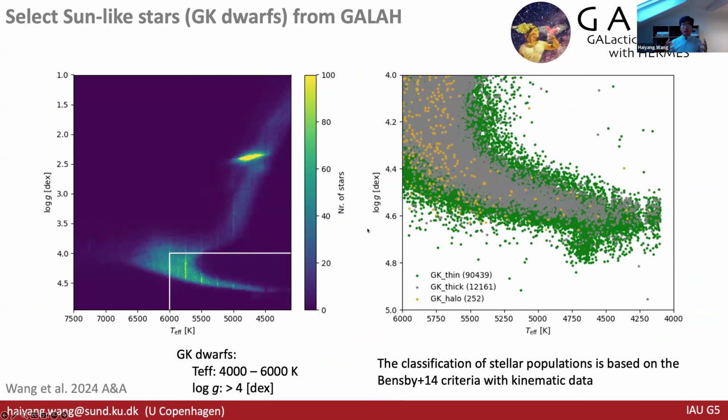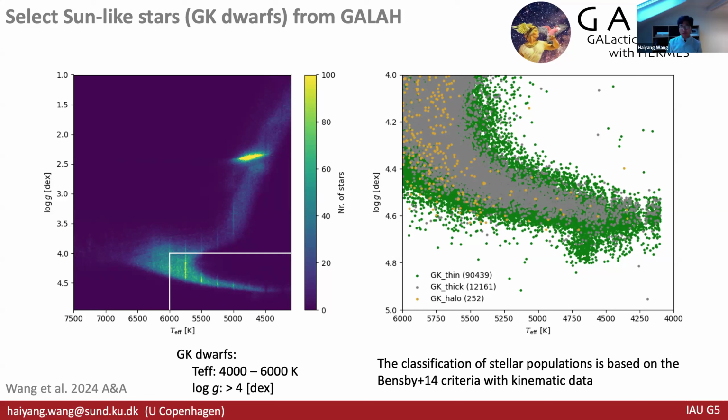Then for the GK dwarfs, this is what we collected from the GALAH survey, the Australian stellar survey, particularly for galactic archaeology purposes. But they reach to about 5 kpc from the solar neighborhood, with relatively good resolution.